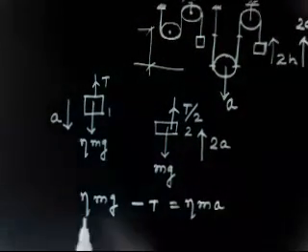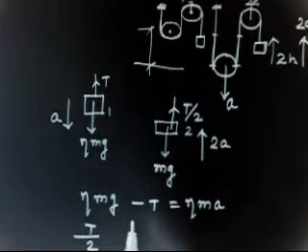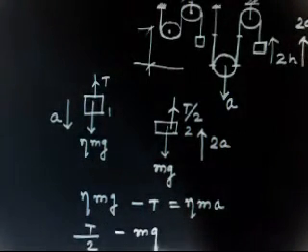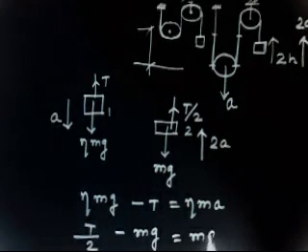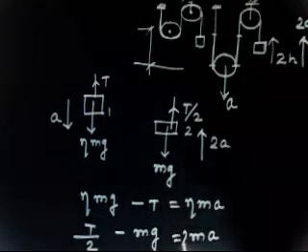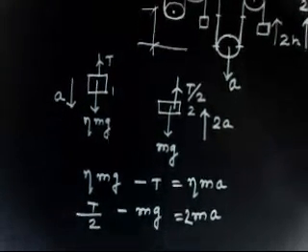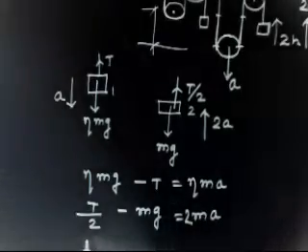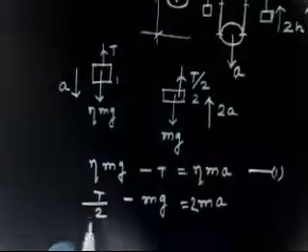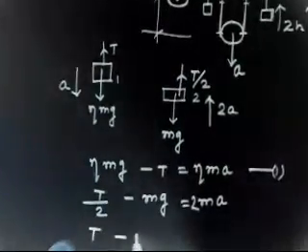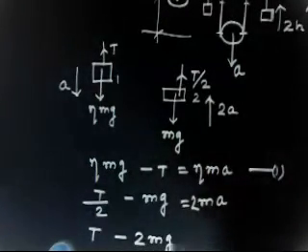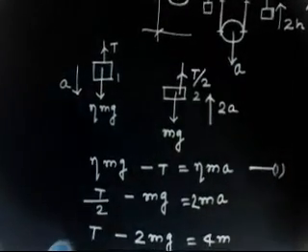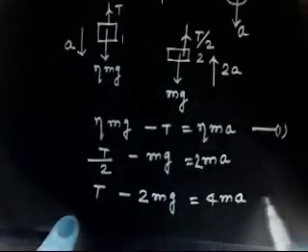Now this is going up, so T by 2 minus mg is equal to mass into acceleration, and the acceleration in this case is 2a, so I have to write 2a. Now if I multiply this equation by 2, T minus 2mg is equal to 4ma. Are you getting? So this is 4ma.